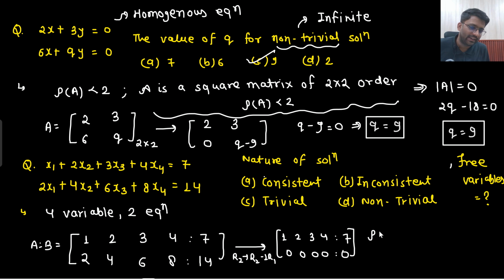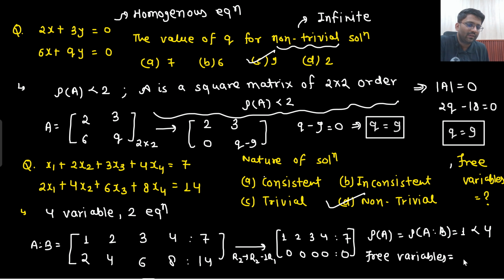So what I have seen here is that the rank of A is coming out to be equal to the rank of A augmented B. That is coming out to be 1, which is less than the number of variables, 4. What does that mean? Infinite solutions are there, or non-trivial solutions are there. And what will be the number of free variables?